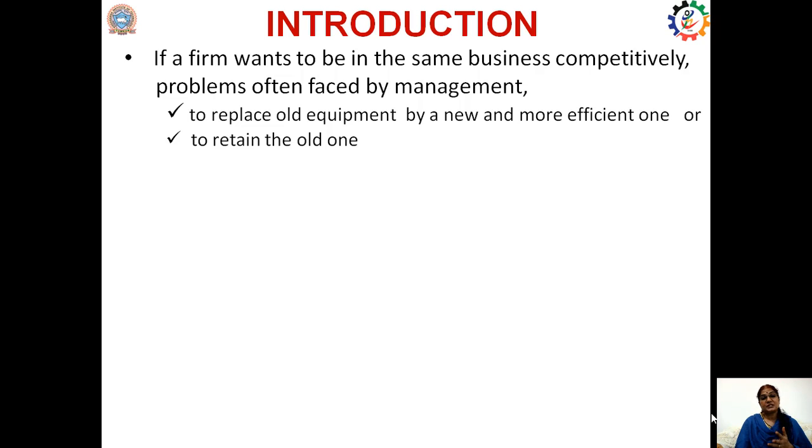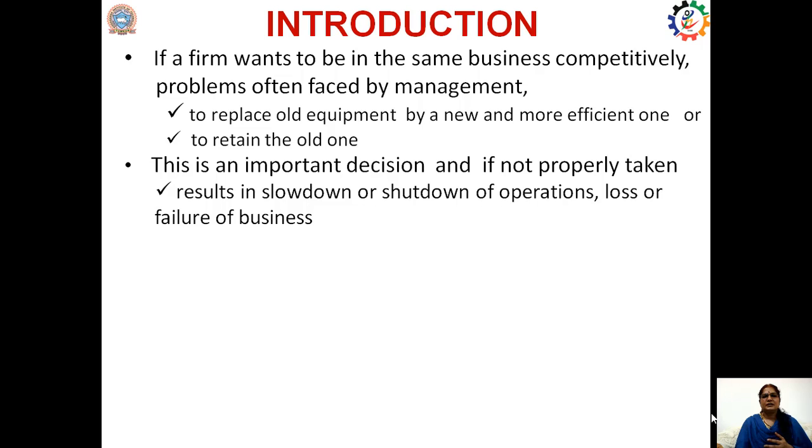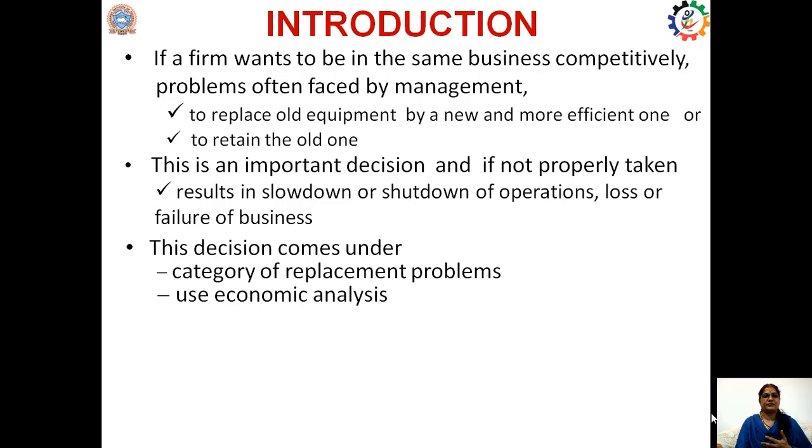Maybe the purchase cost is high for the new one, but the operation and maintenance cost is less. Whereas for the old one, the operation and maintenance cost would have reached its peak. This is an important decision, and if not properly taken, it results in slowdown or shutdown of the operations or ultimately loss or failure of the business itself.